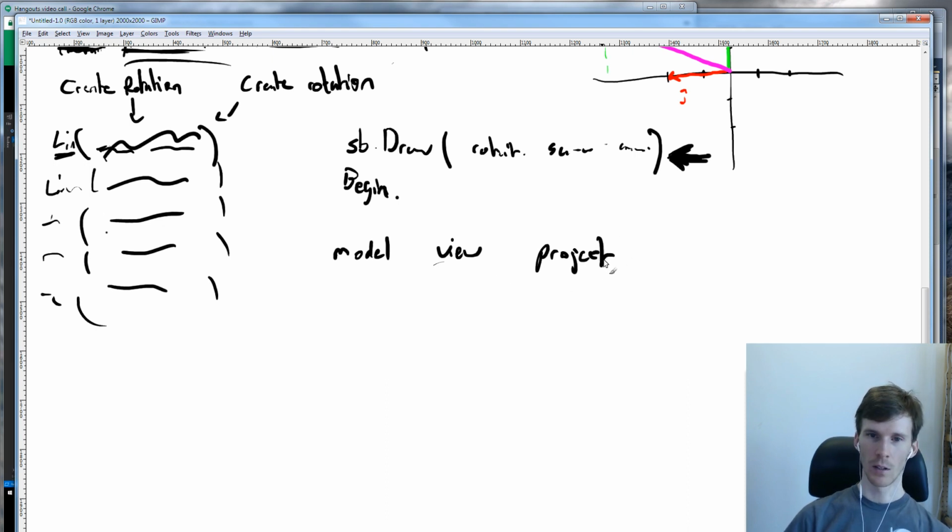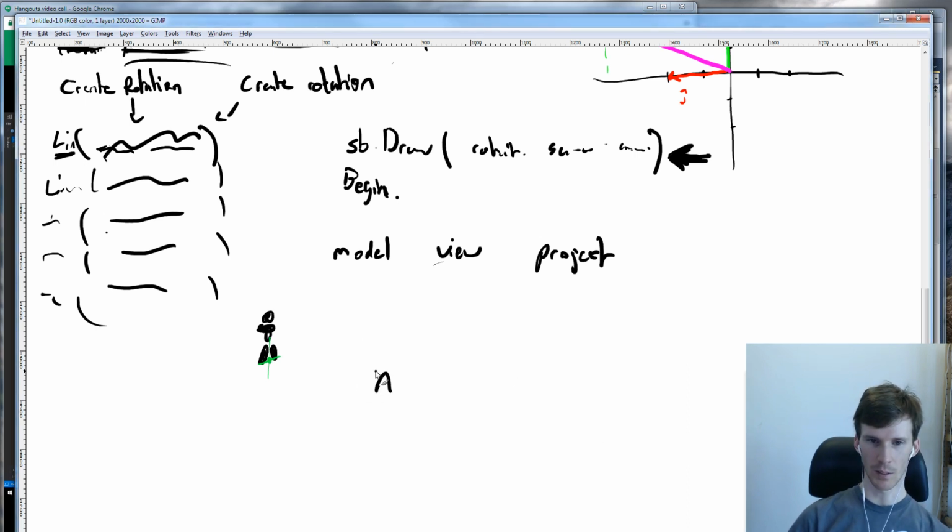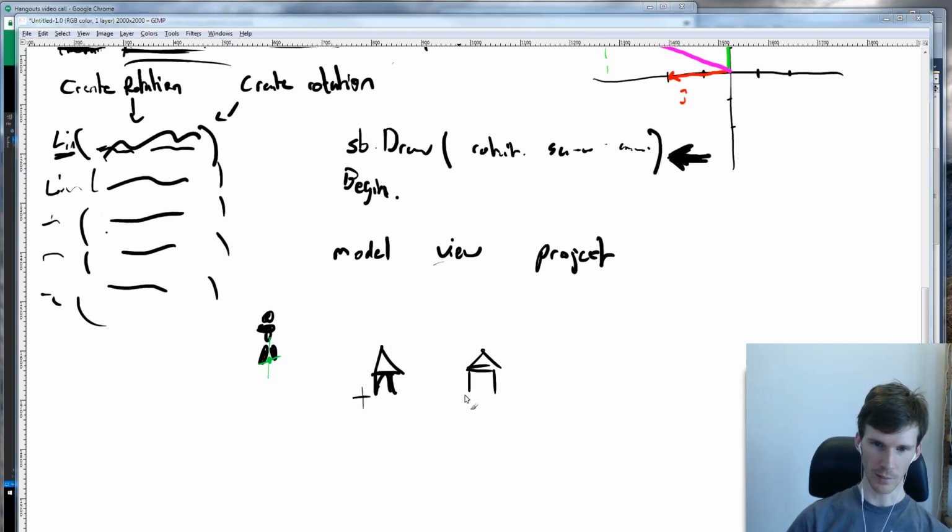So the model matrix, you've got your ogre or something, and it's based around its origin, let's say at its feet, and you want to put that into the world. So you've maybe got a scene with some ogre houses, and the origin of this world might be here, and you want to place your ogre just next to his house.